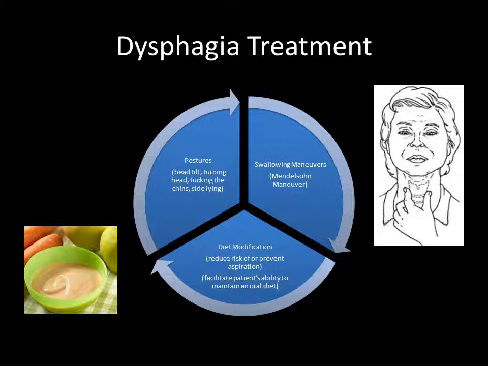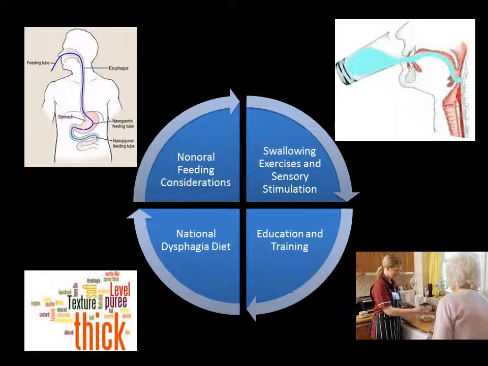So there are swallowing exercises and sensory stimulation that can occur as well. For example, in sensory stimulation, you might make the liquids very cold or hot, or whatever you need to do, sour or more carbonated, so they can actually feel the liquids if they have decreased sensory awareness.